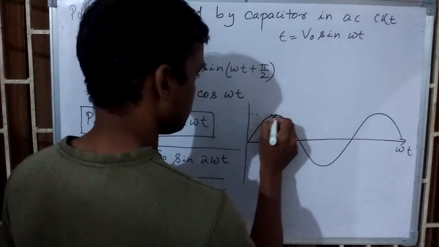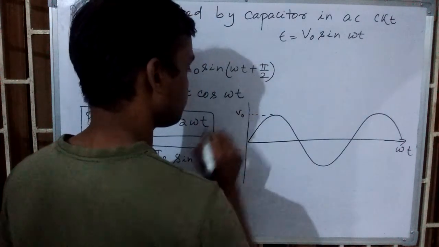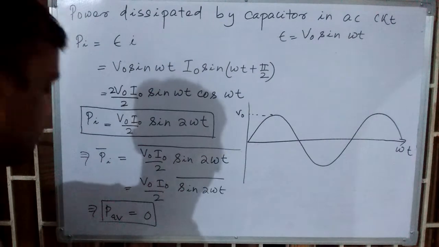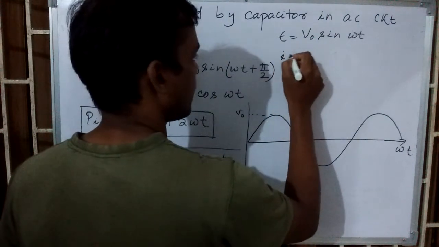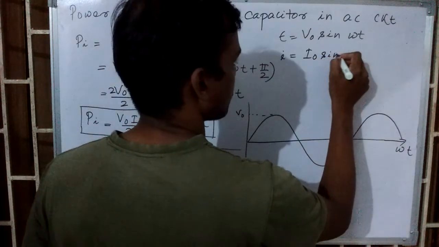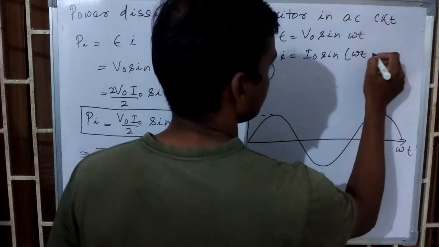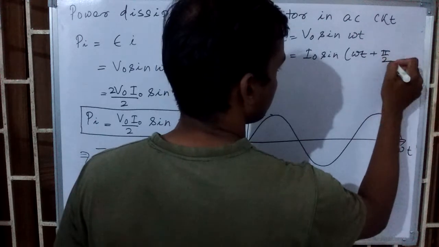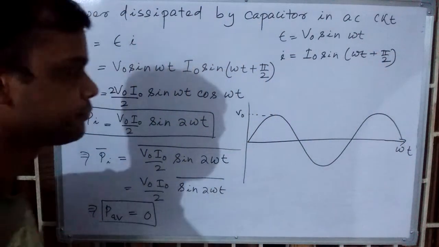This is V naught. Then our current I was I naught sin of omega t plus pi by 2.